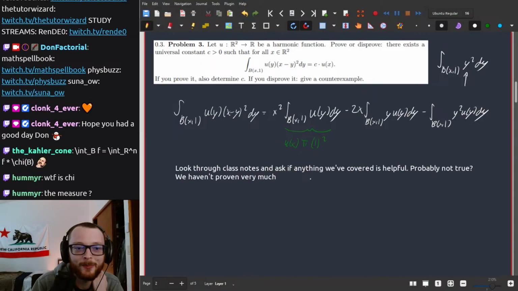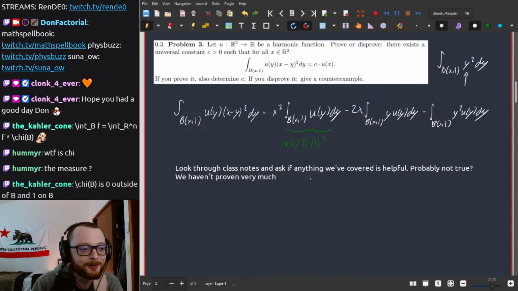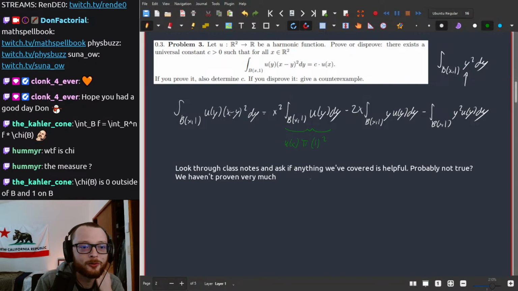That's what I really don't understand here, because u sends a vector of length 2 to a scalar, but y is just a single thing. I don't know what this means.